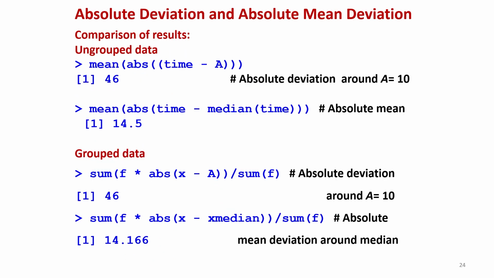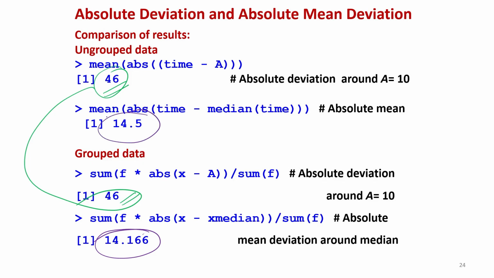Now I just want to show you the comparison. When you take the absolute deviation around A equal to 10, the value was 46, and in the grouped data also the value is 46, they are the same. In case of grouped data, when you compute the median using this frequency table, this value is 14.16, and earlier when you considered the median command directly over the ungrouped data, it was 14.5.